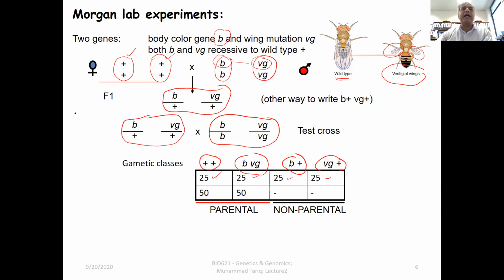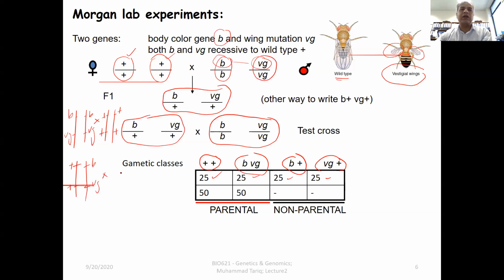And if they reside on the same chromosome like this, and the other parent is plus plus, you cross. In this case, during gamete formation, these homologs will go to opposite poles. In F1, for example, you get plus plus and black vestigial.